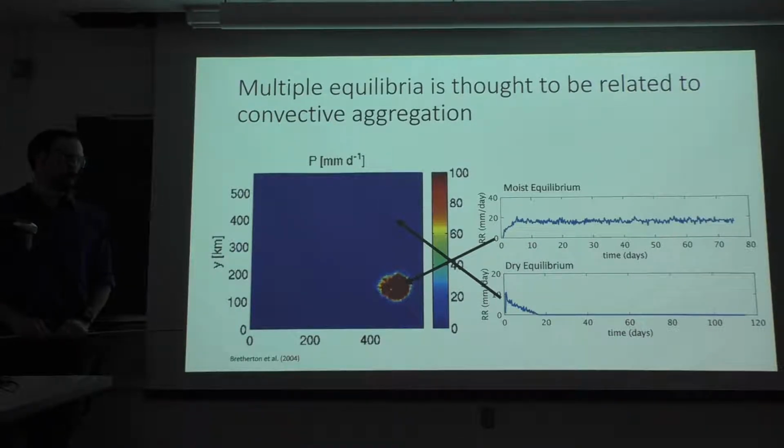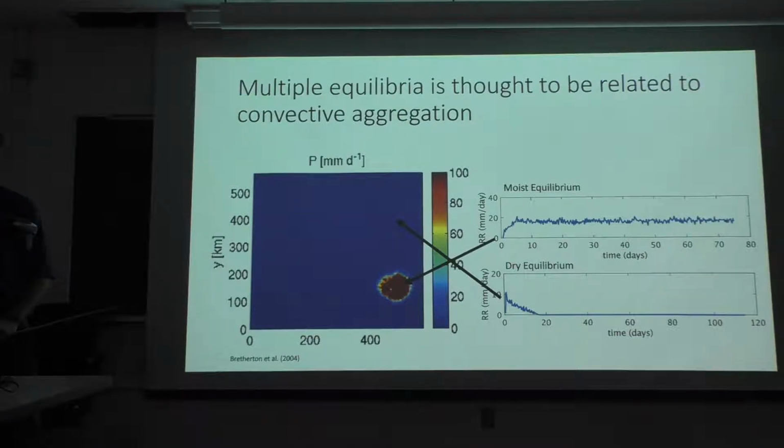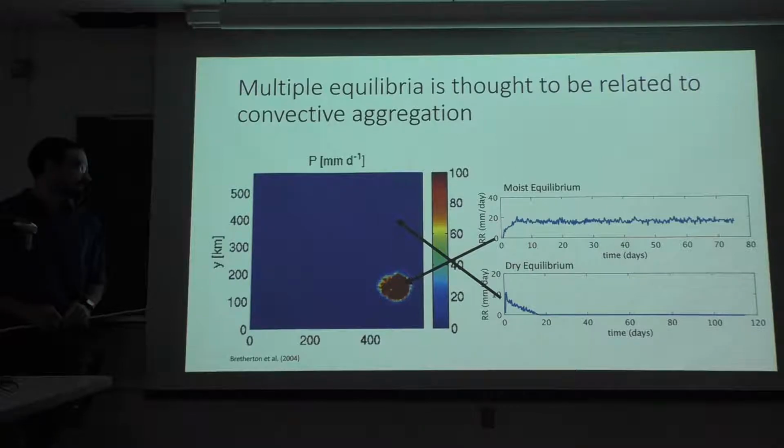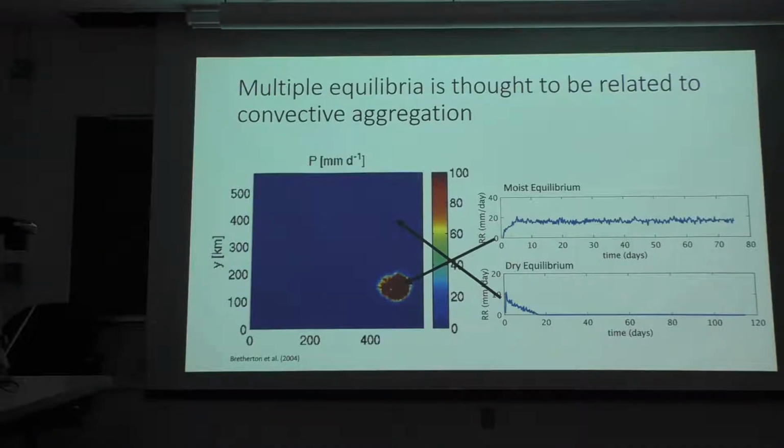I don't think this is a model artifact, mostly because of how many different kinds of models show the same kind of behavior, and the fact that it is tied to actual physical effects and mechanisms. But it is somewhat of an open question whether it is just simulations showing differences from reality. It's a whole area of study. People study convective aggregation and the processes that lead to this in models.